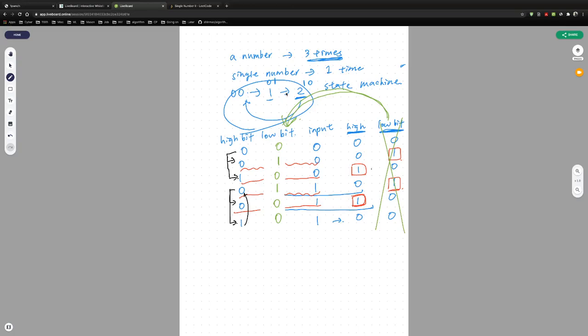So let us recalculate our high bit again. It would be this line and this line. Okay, so high bit can be high and reverse low and reverse input, or reverse high and reverse low and input.